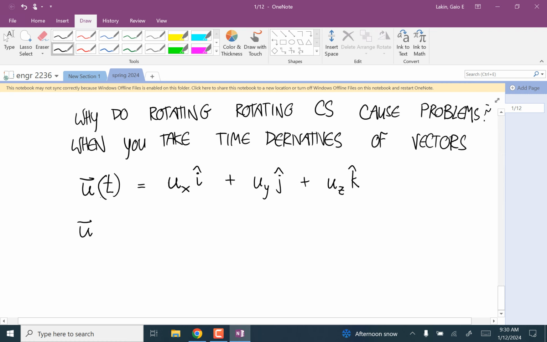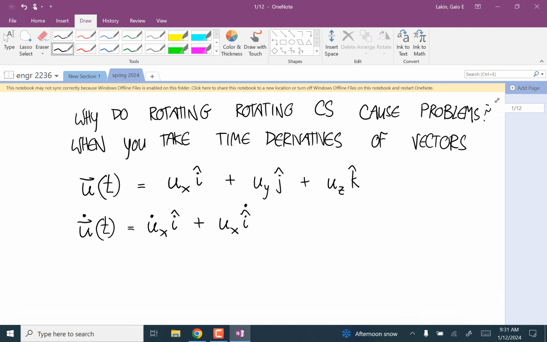Then if you take the time derivative of this vector, notice that all three of these have a scalar multiplied to a vector, right? So this is going to be ux dot times i plus ux times i dot, the time derivative of that vector in the x direction. Are you with me on that?